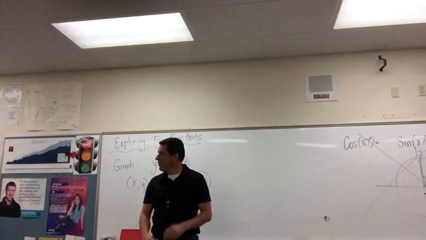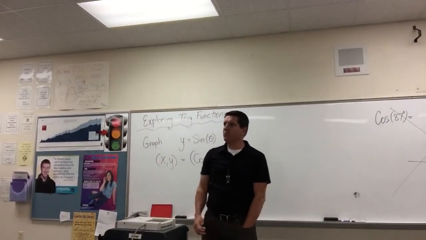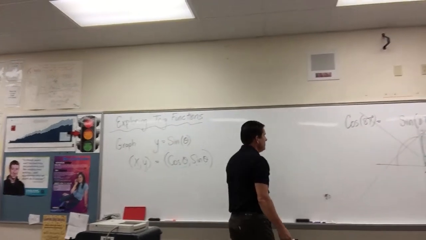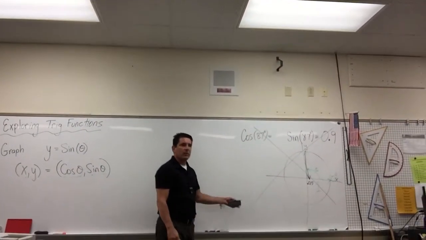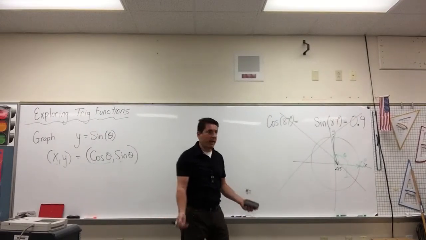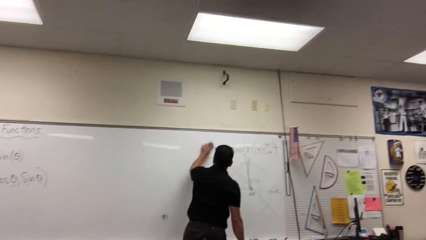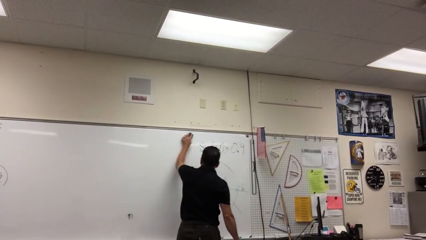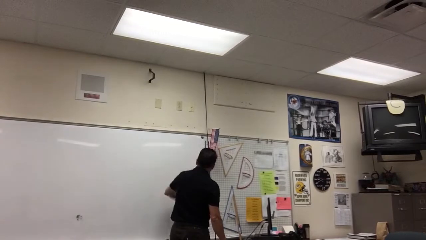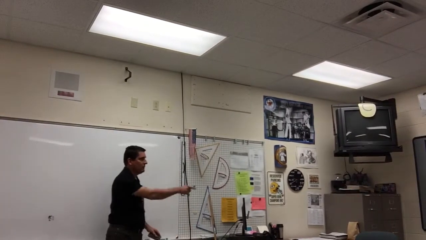All right, so now we have to figure out this whole radian thing. What is the connection between degrees and radians? And how does that work when it comes to this whole unit circle thing? Yes, Tim.